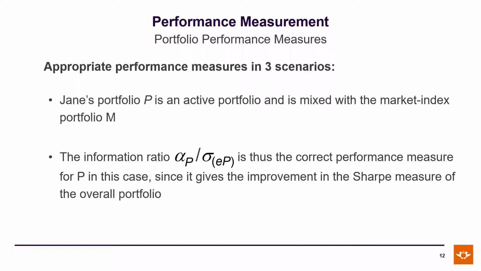In the second scenario, Jane's portfolio P is an active portfolio, and it is mixed with the market index portfolio M. Because the information ratio looks at the active return per unit of diversifiable risk, it's actually a more appropriate and correct performance measure than the Sharpe measure in this case.